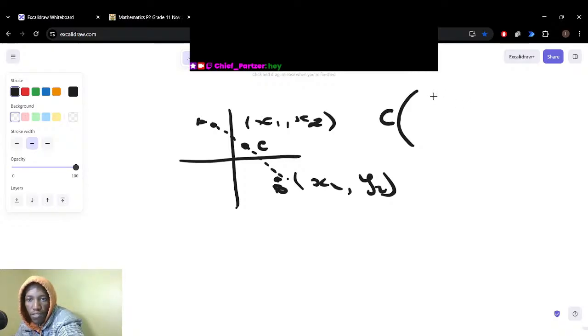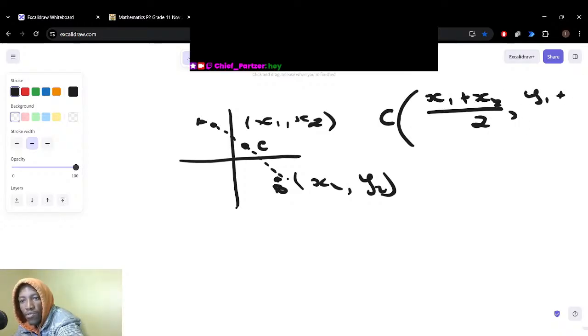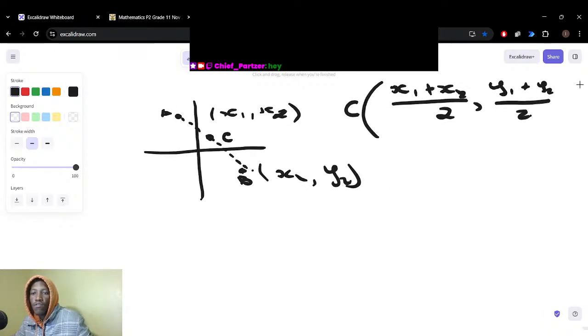It's x1 plus x2 over 2, and y1 plus y2 over 2, and then you will get the coordinates of point C.